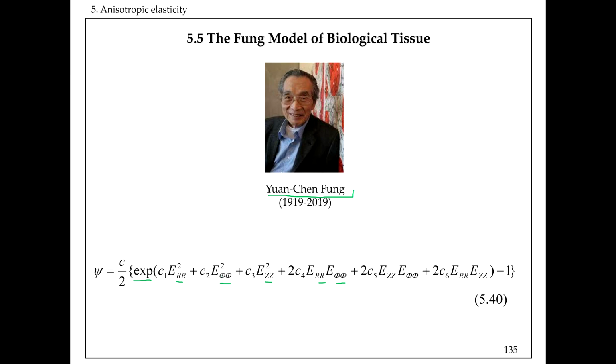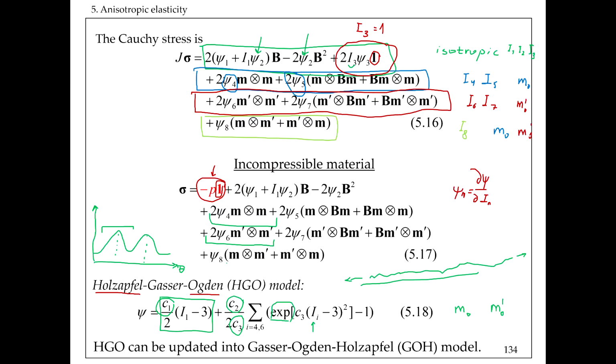So in this coordinate system, we have an angle, the radius, and the height, the z coordinate, which remains the same. And this is the difference from the model that we just looked into, which was due to Gasser, Holzapfel, and Ogden, right?